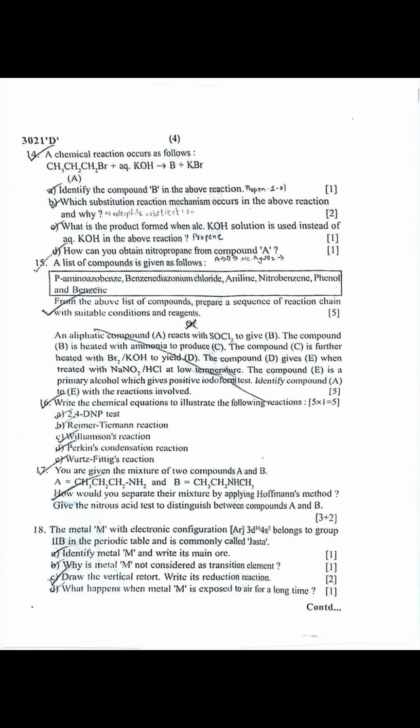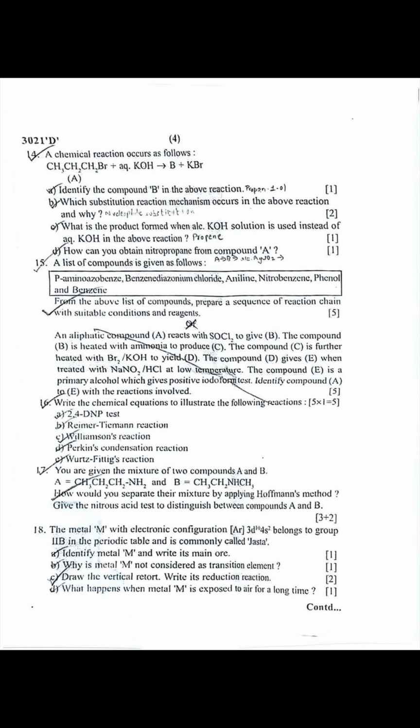Question number 15. A list of compounds is given as follows: aminobenzene, benzene diazonium chloride, aniline, nitrobenzene, phenol, and benzene. From the above list of compounds, prepare a sequence of reaction chain with suitable conditions and reagents.